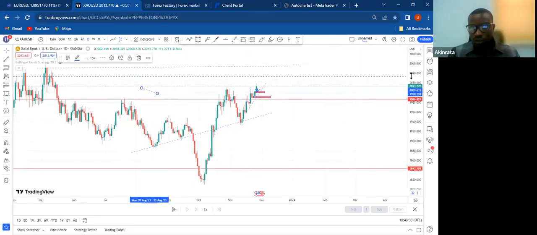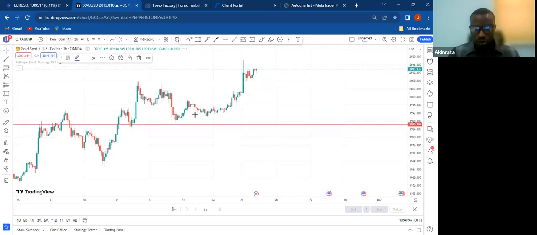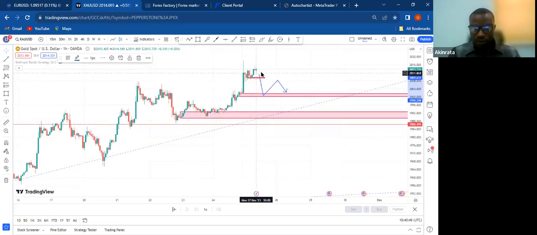So gold is heading to probably 2040, but we need a pullback before we continue. I usually want it to break this level and pull back around here or here before we buy, but as it is now, it's still doing one or two stubbornness, but gold might still continue its bullishness.